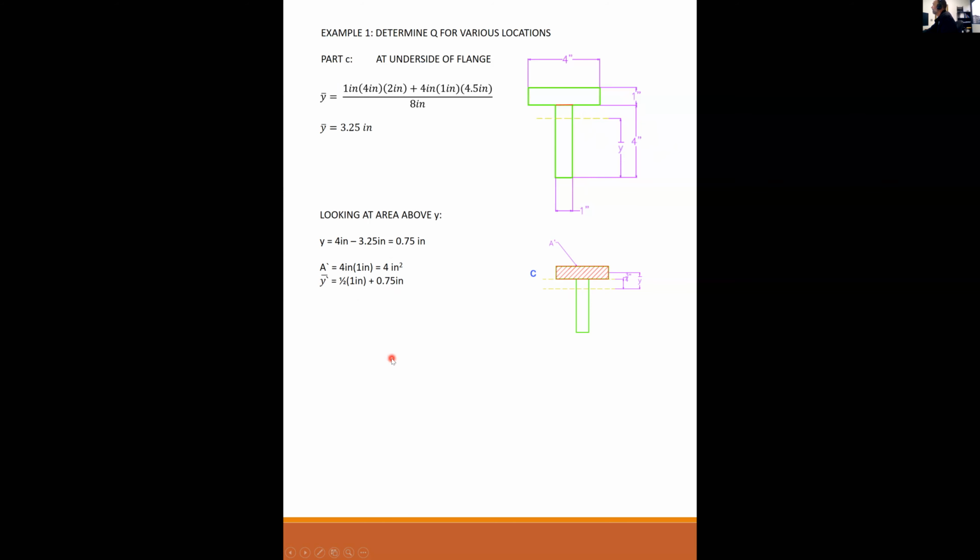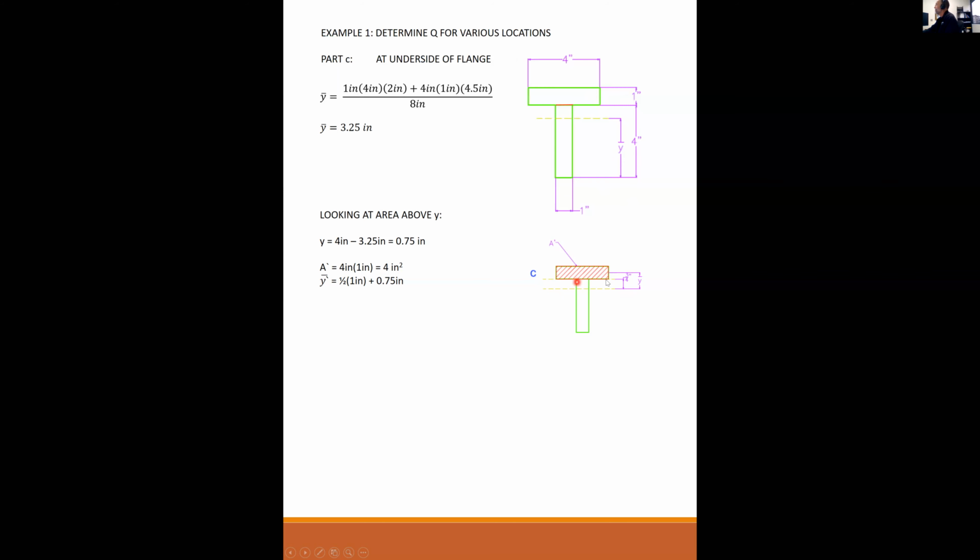Y prime is going to be half of the thickness of that board plus my 3/4 inches, okay? Y bar prime is always measured from the center of gravity of A prime to the center of gravity of the whole section.